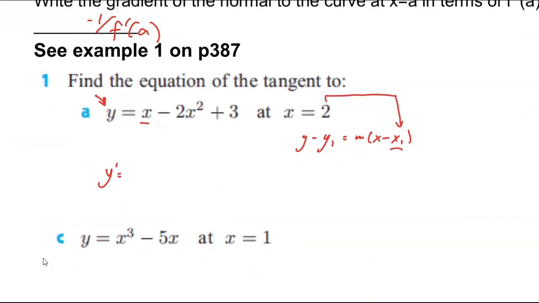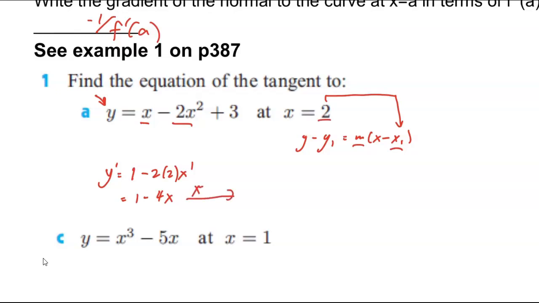Remember, the derivative of 1x is 1. The derivative of -2x squared would be -2 times 2x to the first. And the derivative of plus 3 is 0. So simplifying, our derivative is 1 minus 4x. Okay, and remember that in order to find the m value, we actually need to find it at the value x equals 2.